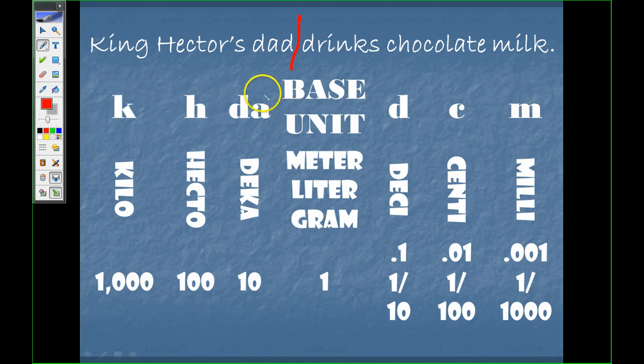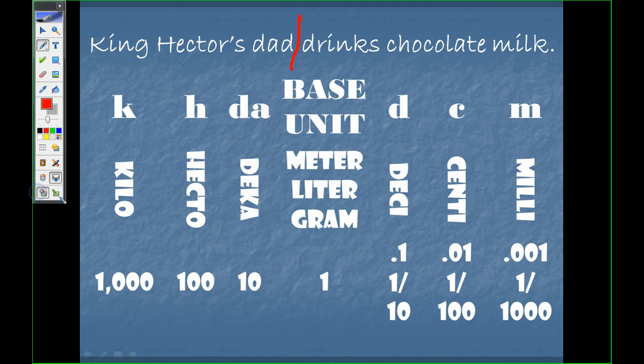King Hector's dad, base unit, drinks chocolate milk. I always leave a blank here just so we know that that's the base unit. It's still a unit that we need to move, but we just simply move the decimal point left and right. So I'll show you some examples so you can start preparing for tomorrow or the next day of class.